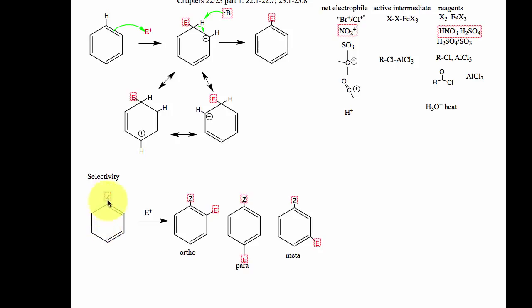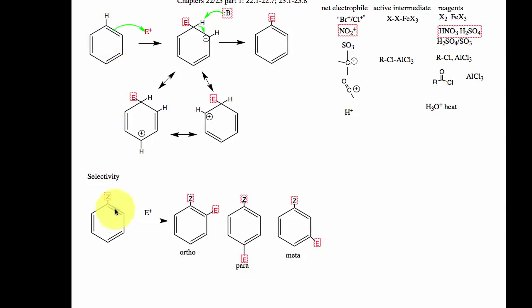Therefore, not all Z substituted rings react at the same rate. Anytime Z can donate electron density into the ring, it will react faster, because the ring itself is a nucleophile donating electron density. On the other hand, if the Z is pulling electron density away from the ring, it makes the ring itself a weaker nucleophile and will make a slower reaction.